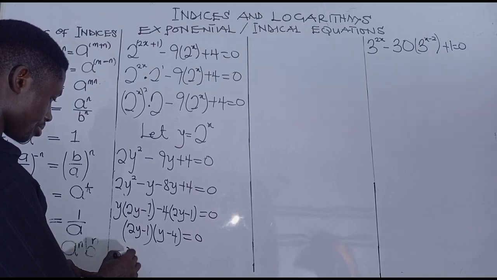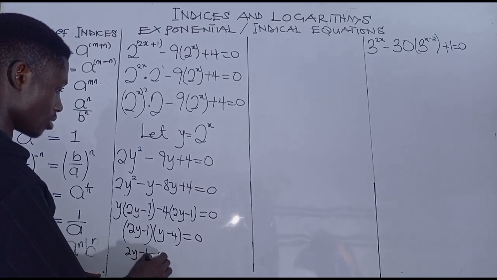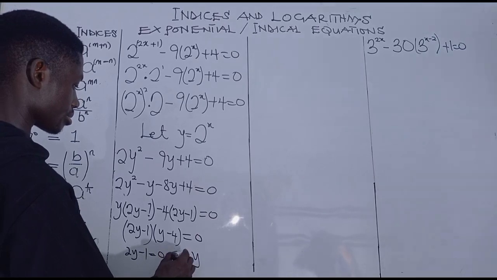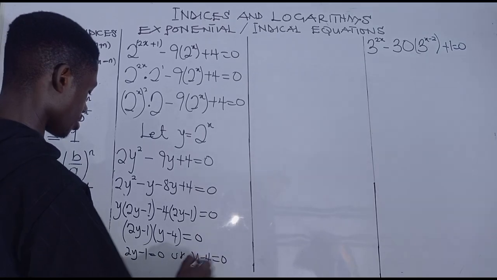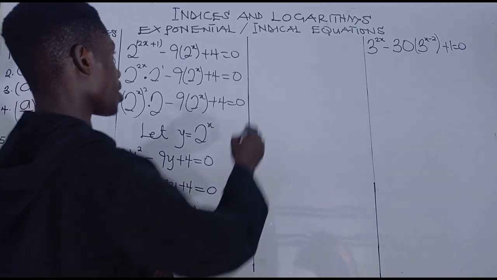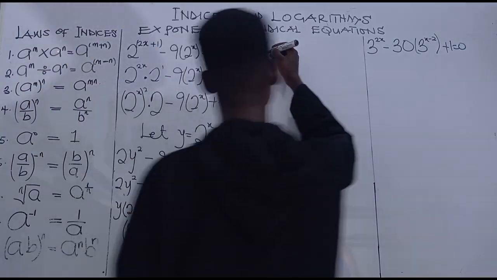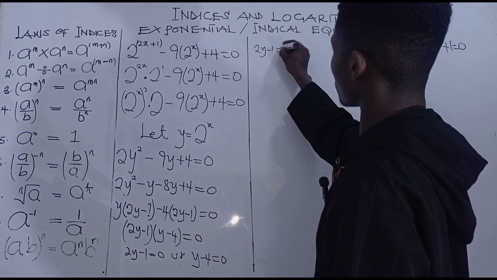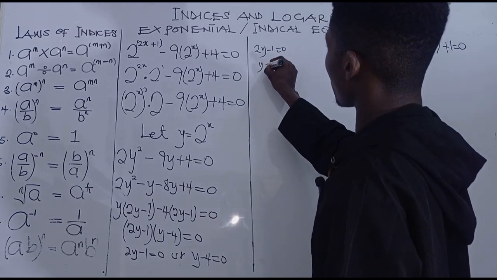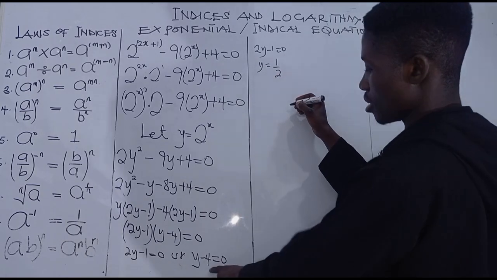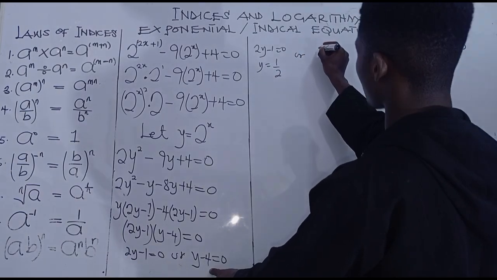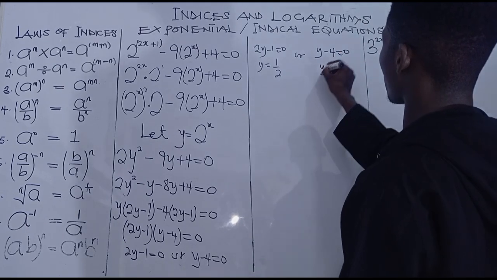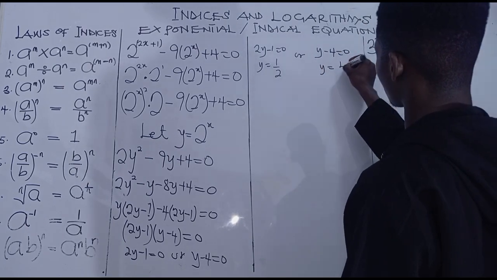So we have our 2y minus 1 is equal to 0, or y minus 4 is equal to 0. So we have 2y minus 1 is equal to 0. You can see that our y is equal to 1 over 2. And from here, we say that y minus 4 is equal to 0. We can see that our y is equal to 4.